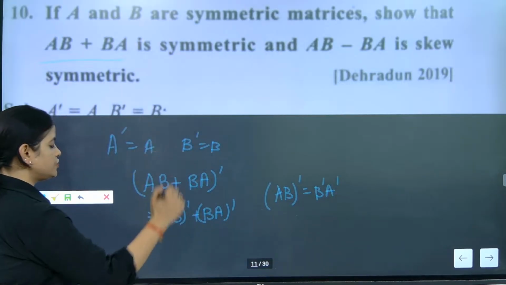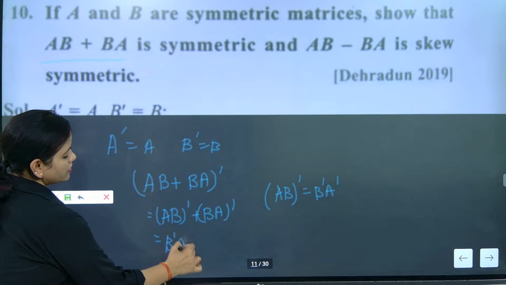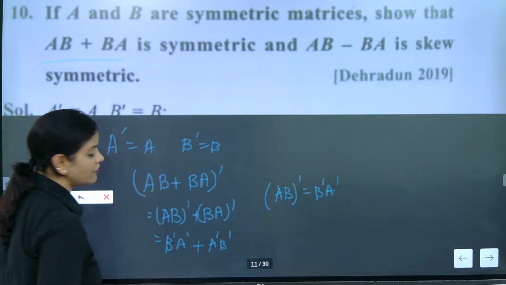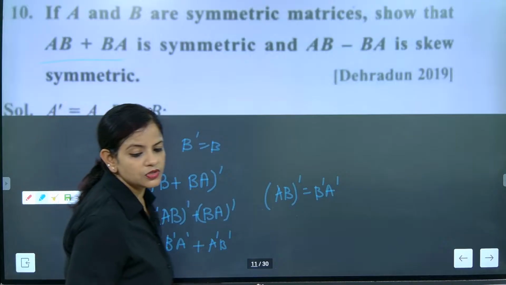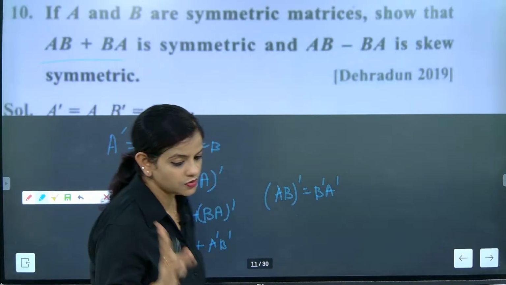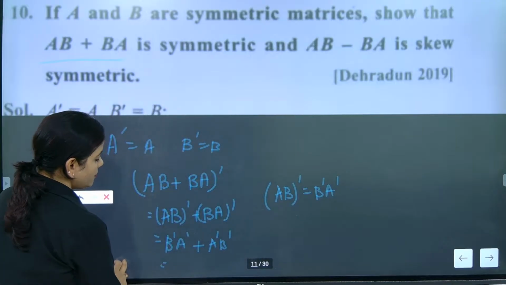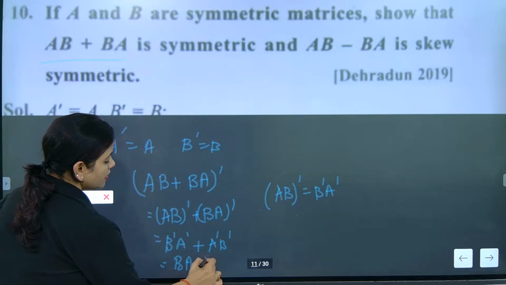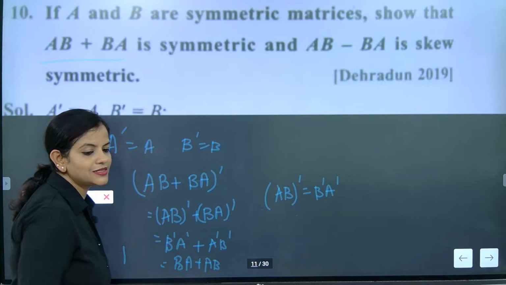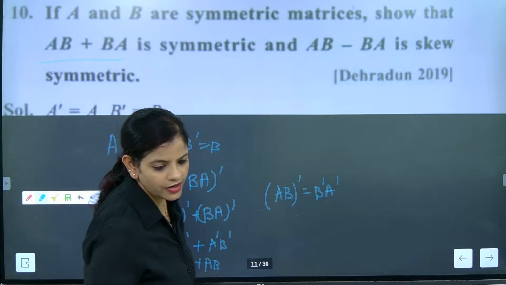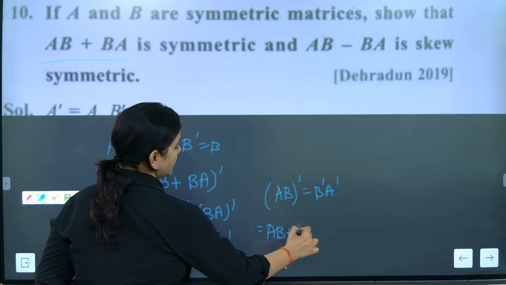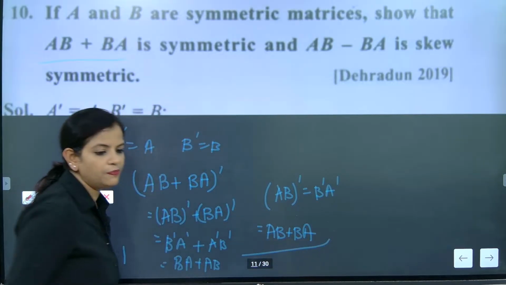So we distribute it to become B transpose A transpose plus A transpose B transpose. And we know that B transpose is equal to B and A transpose is equal to A. So here it will become BA plus AB. Since addition is commutative, we need not do any big work here. So directly we can write AB plus BA.